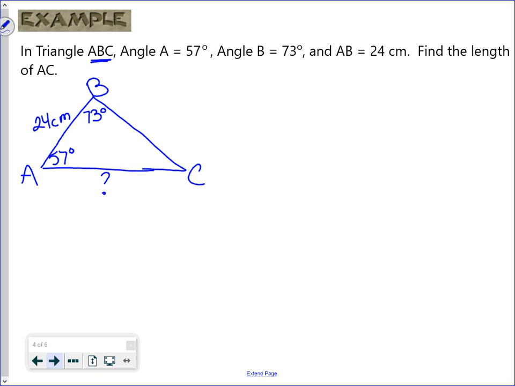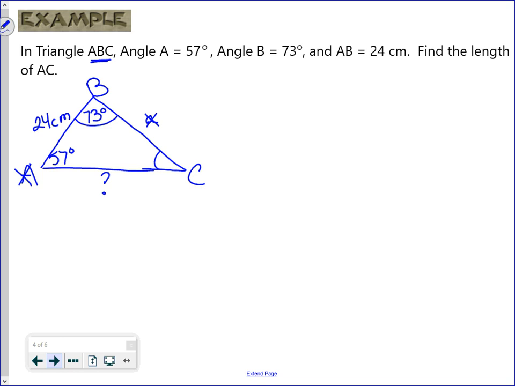So in order to use the sine law, we need matching sides and angles. So we're looking for side B, and we also have angle B. So that's good. We have angle A, but we don't have side A over here. And there's no way that we can find side A, so it's not possible to use angle A and side A. So we will have to use angle C and side C of 24 centimeters.